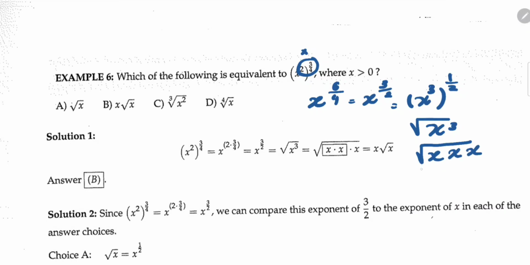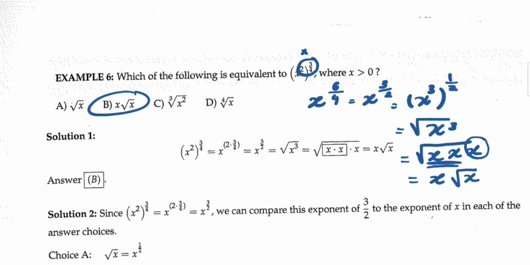Square root means the number repeated 2 times. If you find the number repeated 2 times, take only one of it. So I have x and x, so square root of x to the power 2 equals x. And there is another x inside the square root. So the answer is x root x. This is the first way to solve this question.